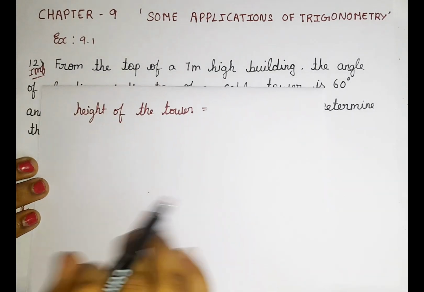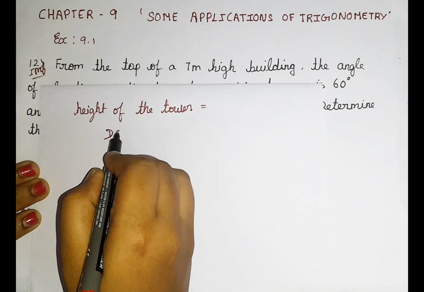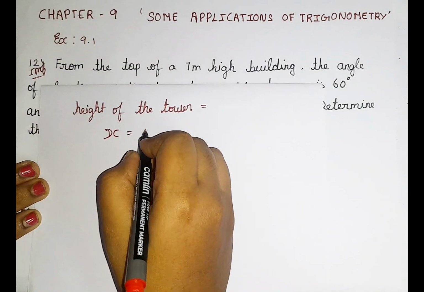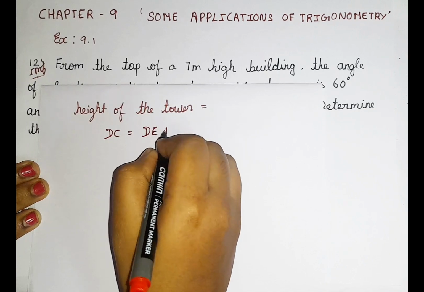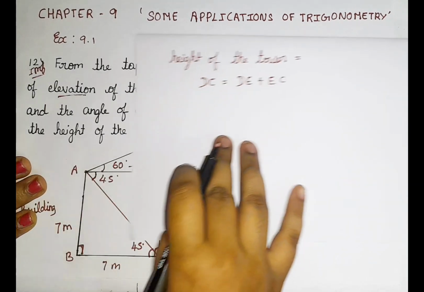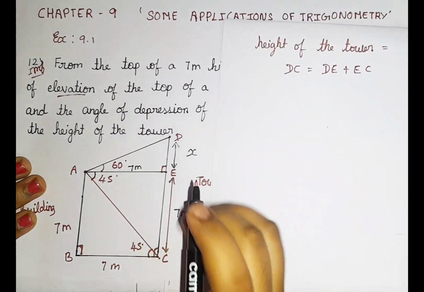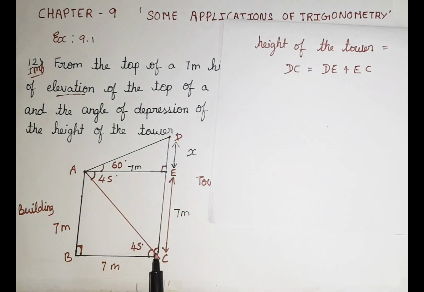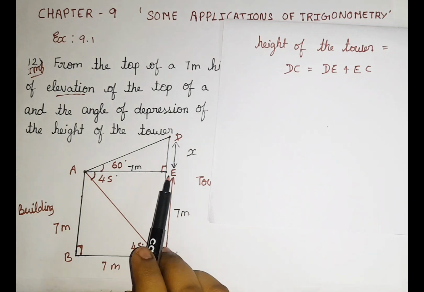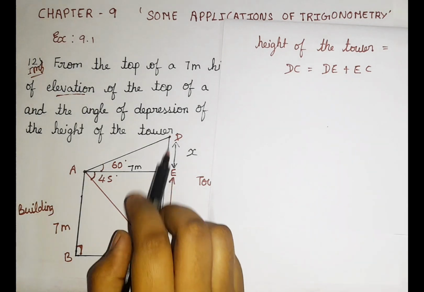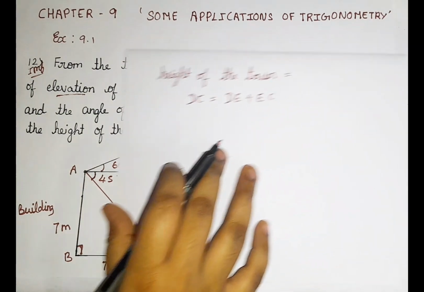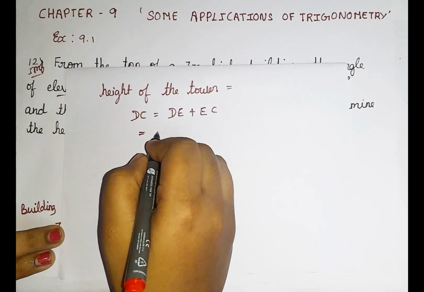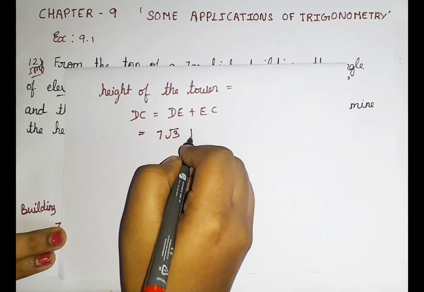We can write DC is equal to DE plus EC. If you don't understand, I'll show. This is the entire length, that is DC. So DC is DE plus EC. Here DE is X, and we found the X value, that is 7 root 3, plus the EC value.